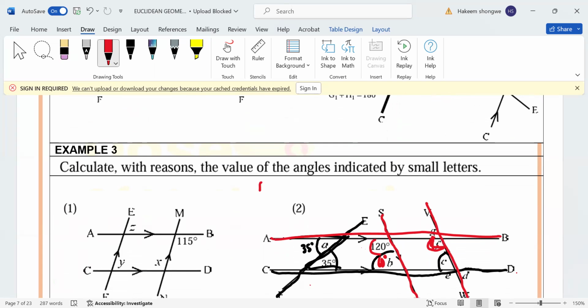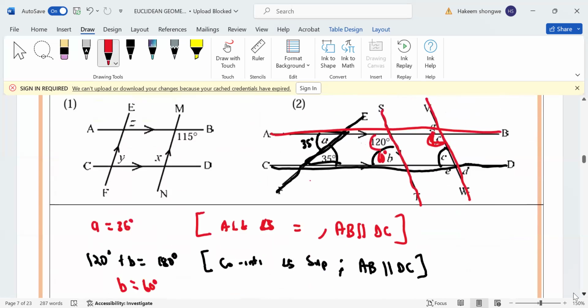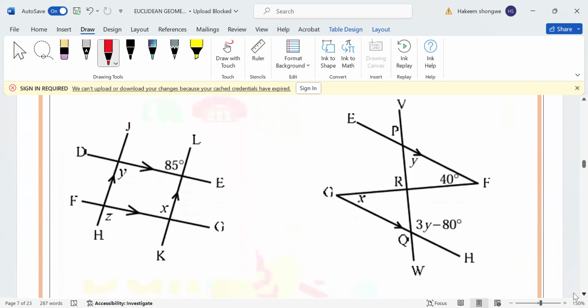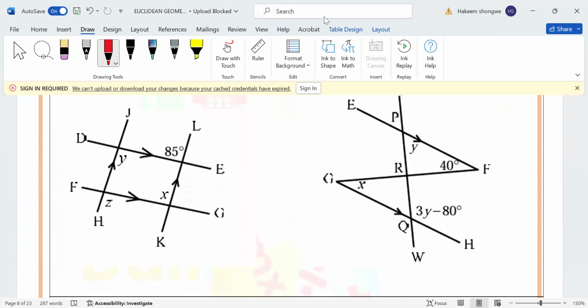So angle F is going to be equal to 120, because we have corresponding angles equal, and the parallel lines are ST and VW. Now you're going to do the following as your activity. Activity 3.